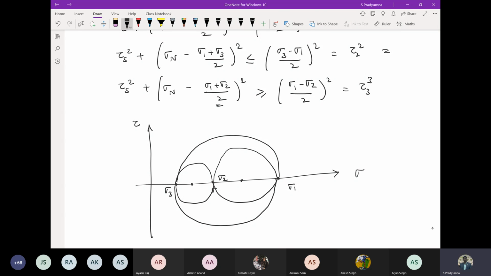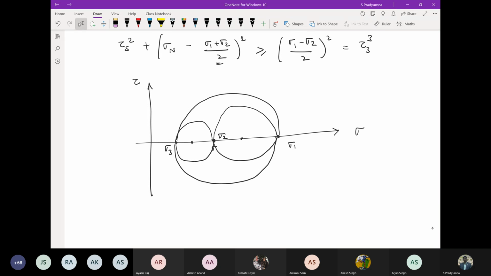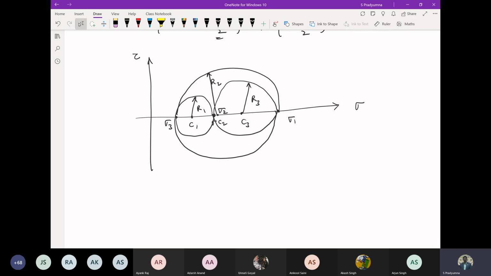Okay, so I have the centers. We have 3 circles. I'll call this as sigma 1 and sigma 2. I call this as R3, and this is center 3, and this is C1. I call this as R1, and somewhere here I get C2, and this is R2. Okay, I get 3 circles.